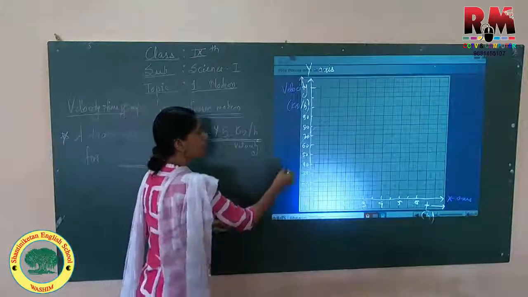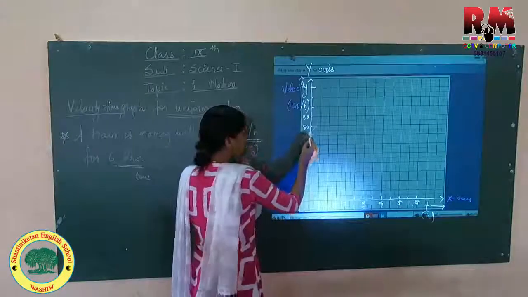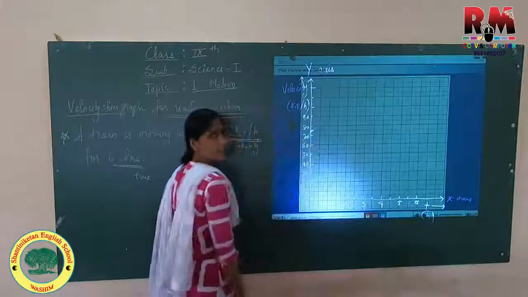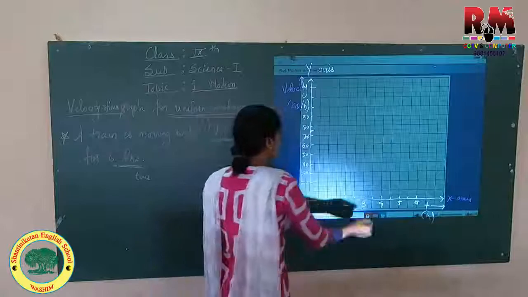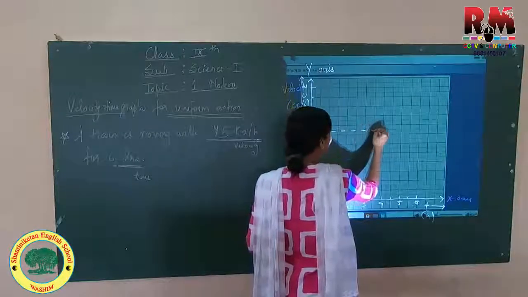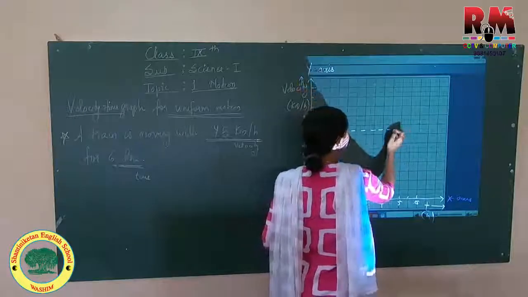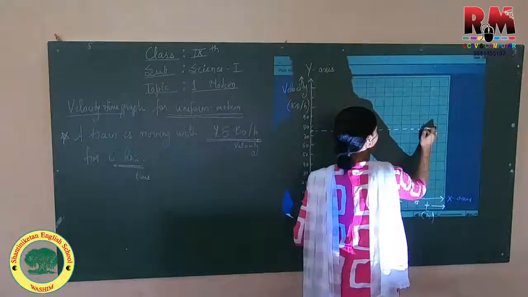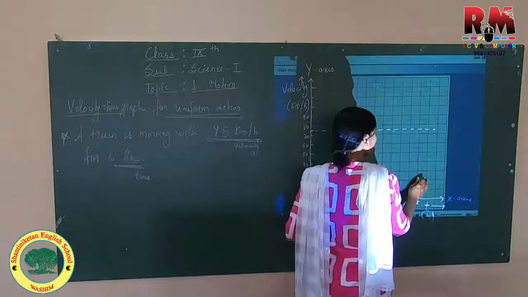Here this is 70, this is 80, half of it will be 75. So 75 kilometer per hour, and time is 6.